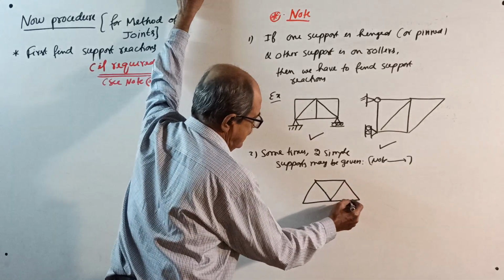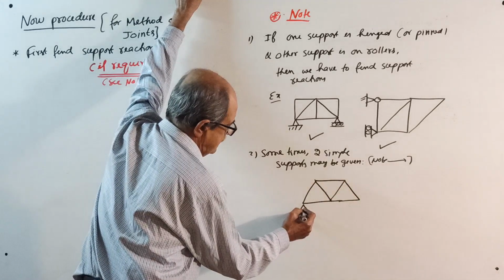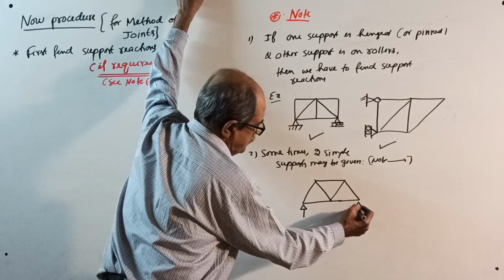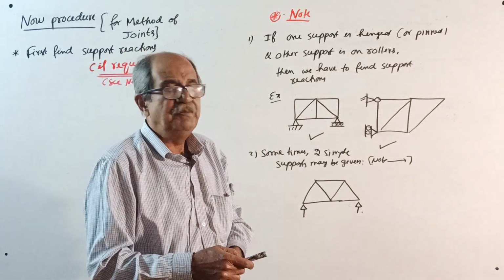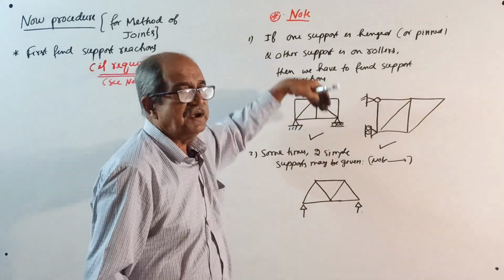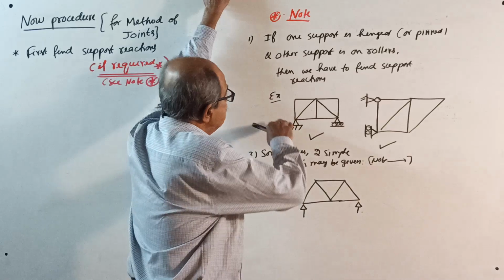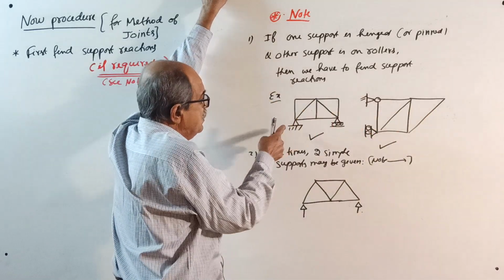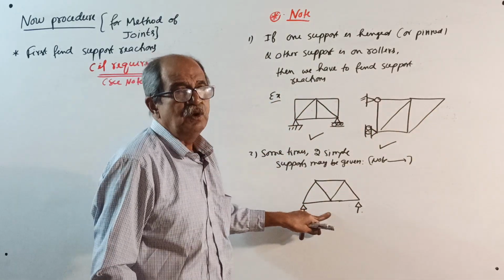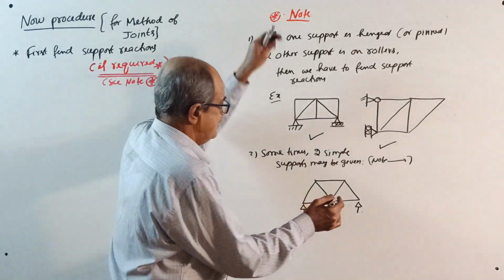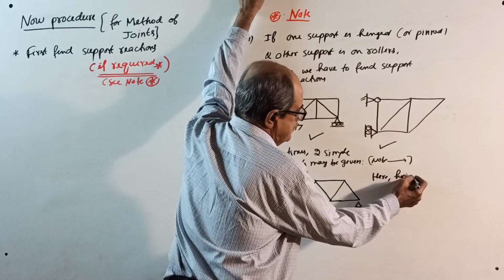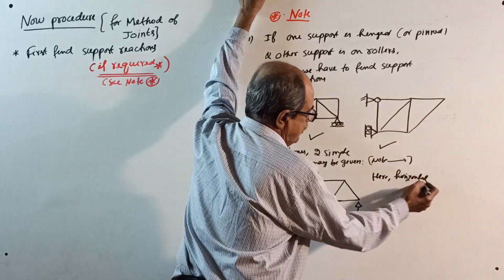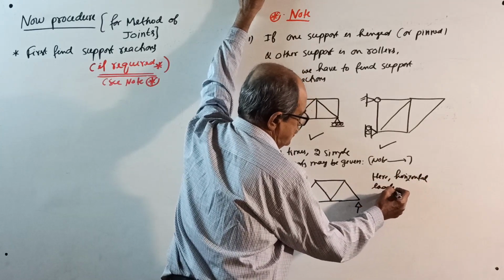They will give a truss here with simple supports. Actually, this can be in equilibrium only if you apply vertical load. Here, you can apply any load, horizontal load also possible. Why? Hinge is there. Here, horizontal loads should not be given.